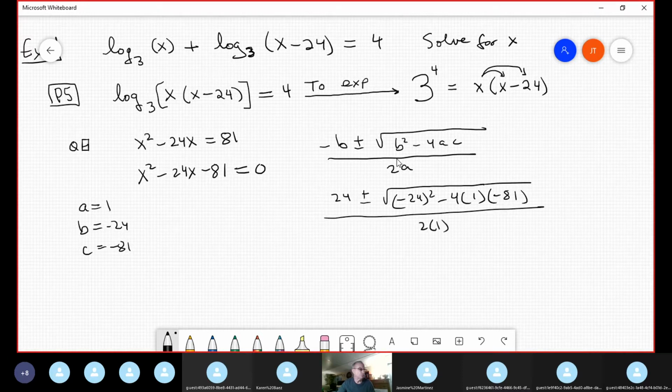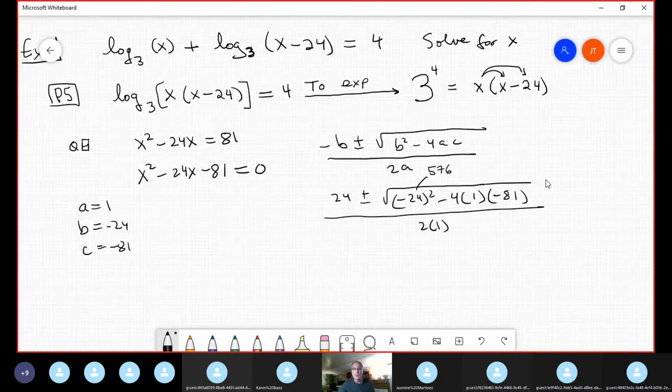So I put in my calculator negative 24 squared. Actually, it's positive, because when you square a negative quantity, it becomes positive. I don't put the negative in my calculator, only 24 squared. Boom, 576.